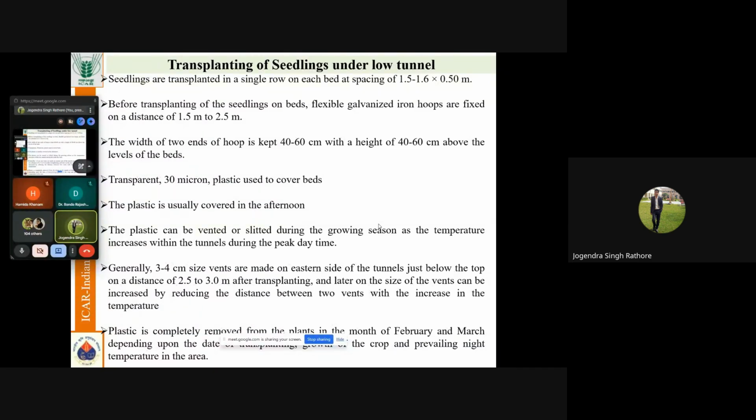So our main motto here is that we are able to maintain a particular humidity without much increase in temperature. So we can reduce the incidence of disease, but simultaneously we provide a microclimate which is suitable for better growth and development.